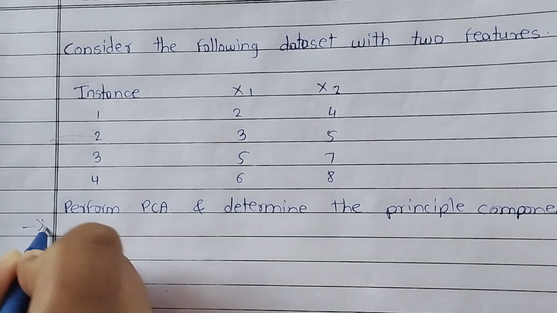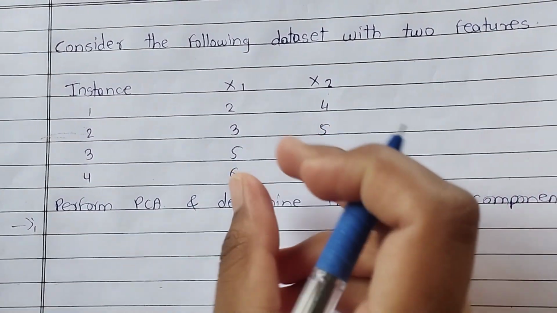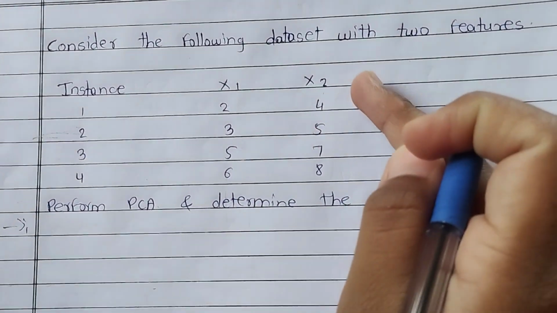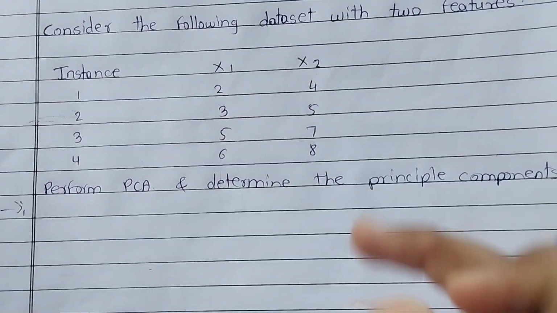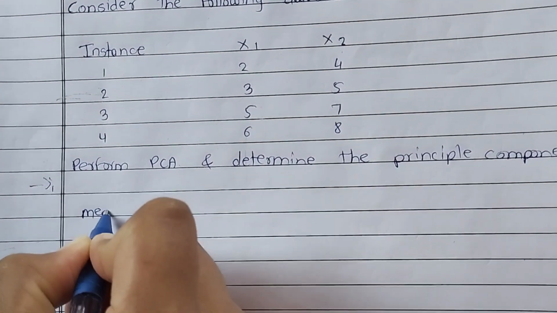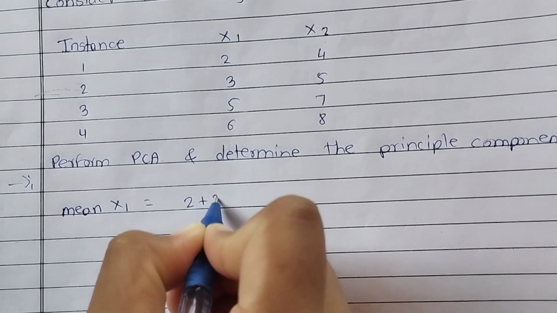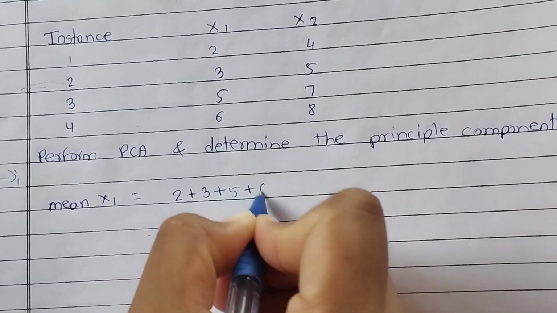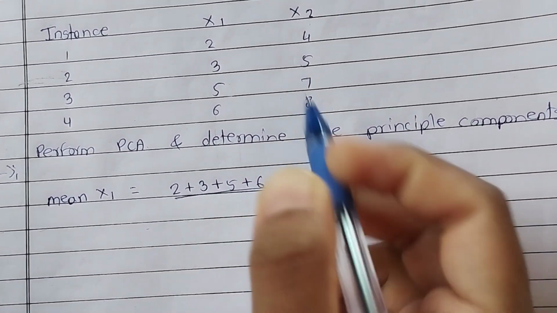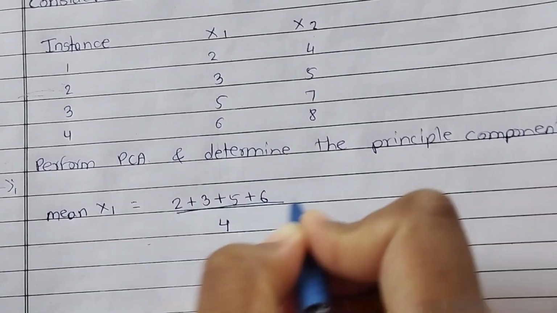First we find out the mean. We first find out the mean for x1 and then the mean for x2. Mean of x1 is equal to 2 plus 3 plus 5 plus 6 divided by how many entities? 1, 2, 3, 4. So divided by 4.